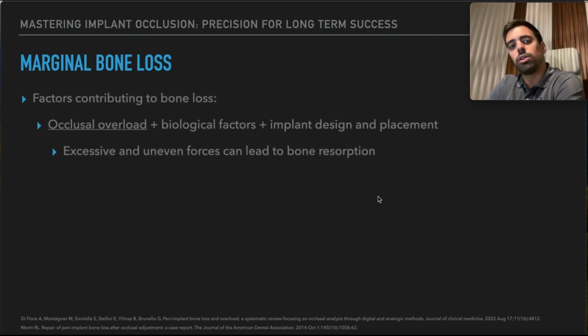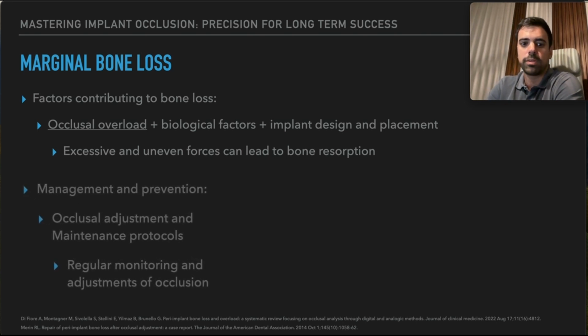he was talking about how occlusal overload can lead to bone resorption, and other factors as well, like biological factors, peri-implantitis, plaque, the implant design, the placement of the implant, if the implant is out of the bone or not. We obviously have a lot more factors, but occlusal overload is a big factor in marginal bone loss.